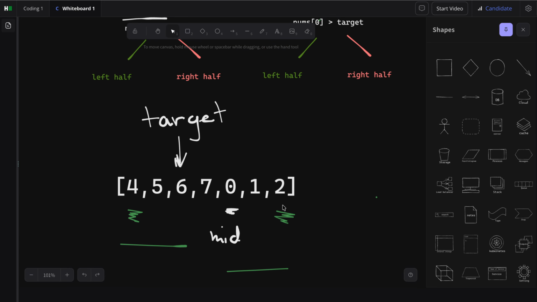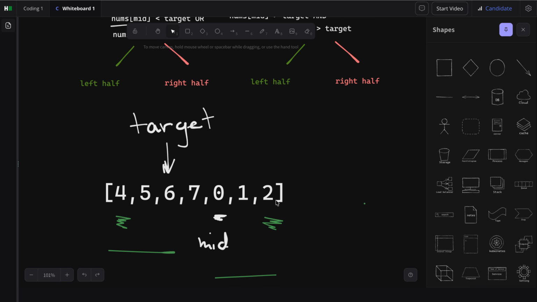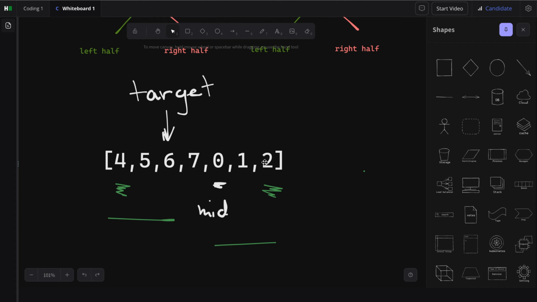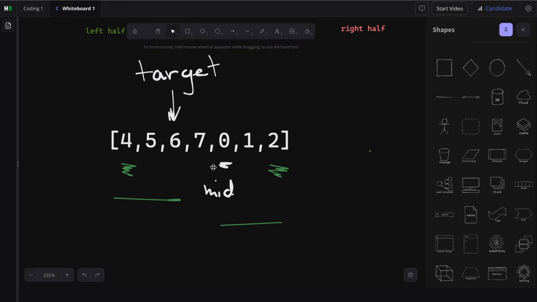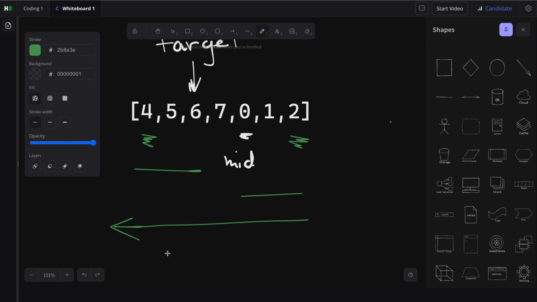Can I use this as a check, like if nums[-1] is greater than target? Let's see. So if this 2 is greater than the target, then we should be able to stay in this right sorted place. Well, not necessarily, like this entire thing could be considered. Potentially, I don't know.